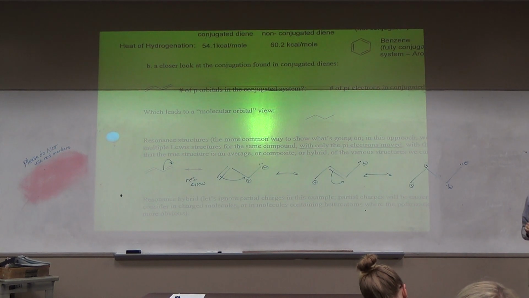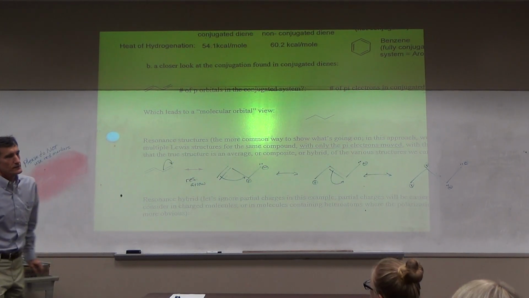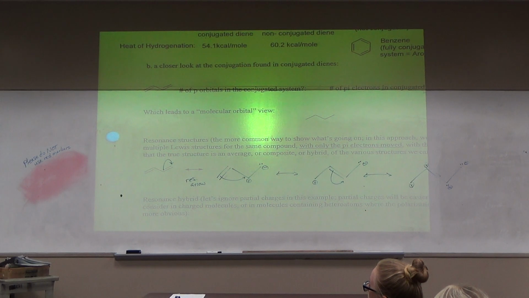Because at some point we're going to step back and say, of the four structures on the board, which resonance structure is the best? The very first original one drawn is the best. Why? More stable? The answer to that is yes.